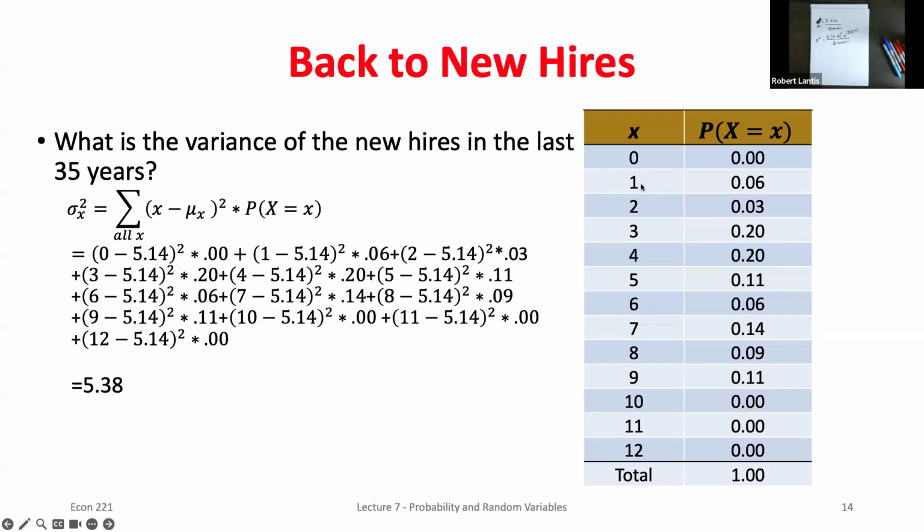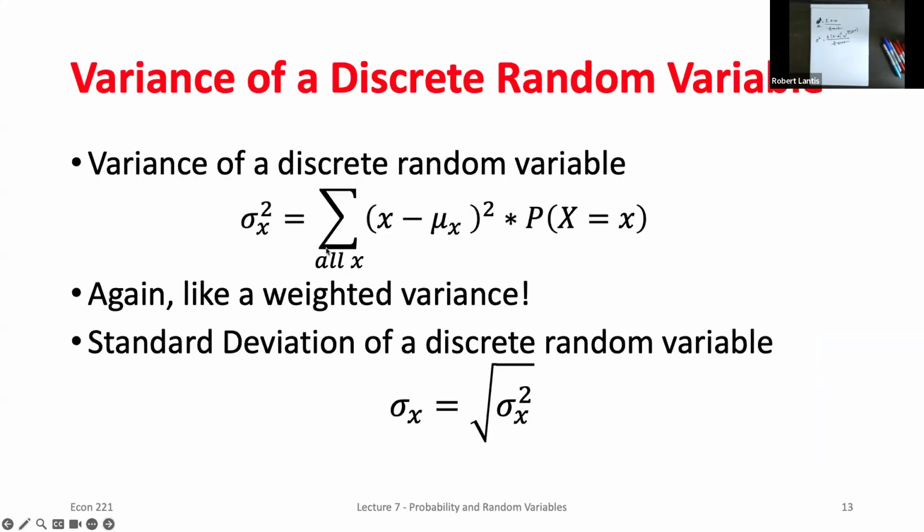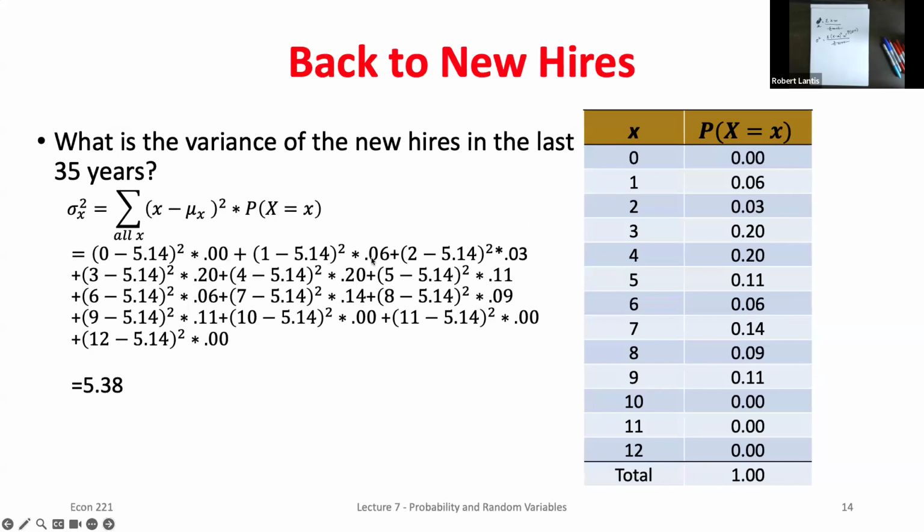But then go to the next outcome, 1 minus the mean, square that deviation from the mean, multiply it by the probability that I see that value of 1. Add to that the next value, 2, its deviation from the mean squared, multiply by the probability that I see 2 occur, right? So on and so forth, all the way through every single value.